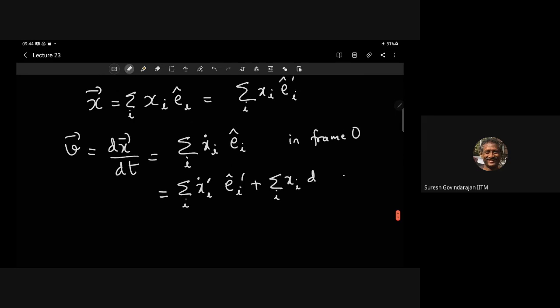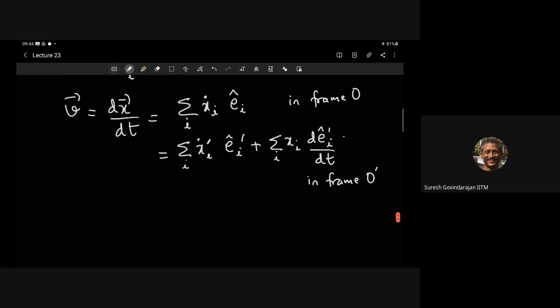Sorry. Is this clear? So we are getting two variations. One is the variation of the components, but there's a second term which is coming because the frame is varying. Now we know what di by dt is.